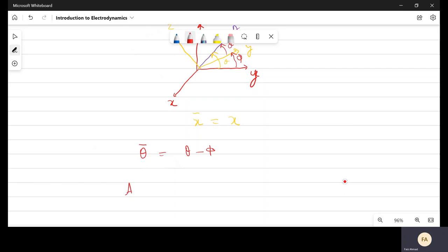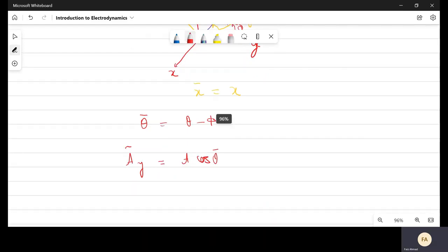The components of the vector in the new coordinates will be ay bar equal to A cosine of theta bar, and az bar equal to A sine of theta bar. Now with theta bar, A cosine of theta minus phi.